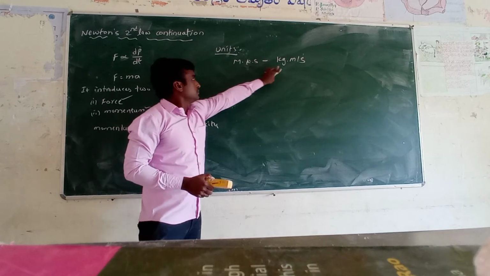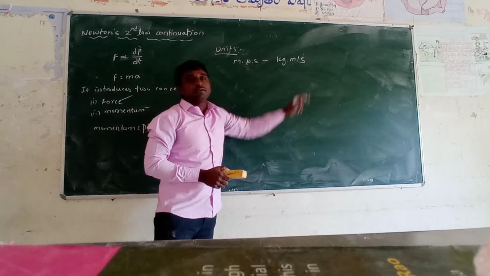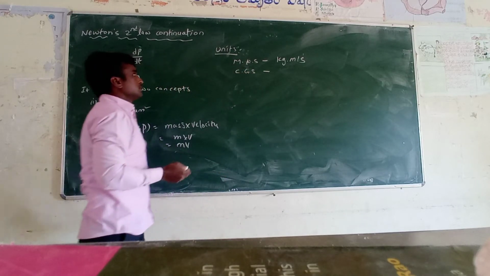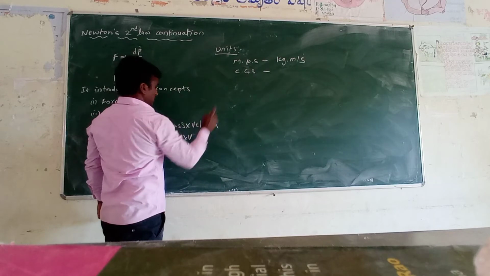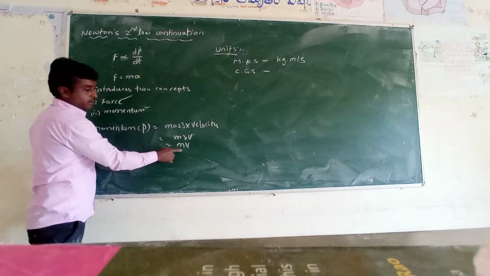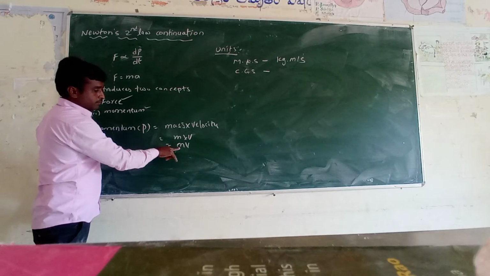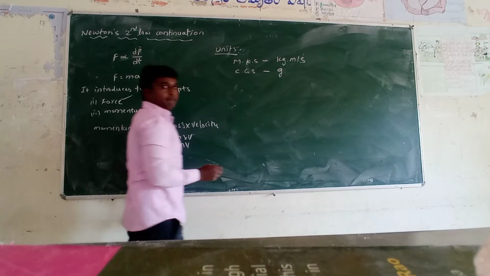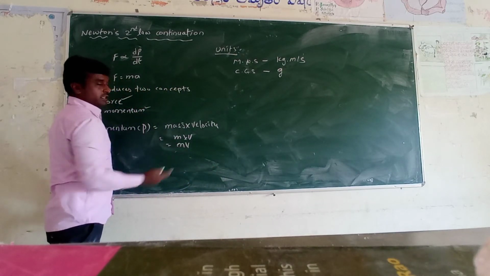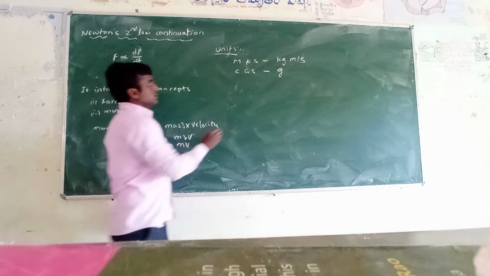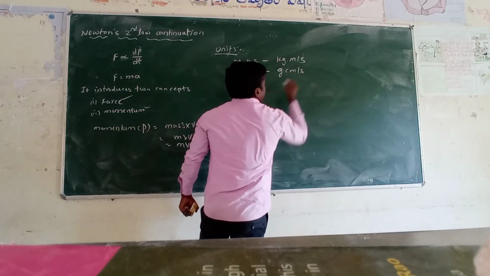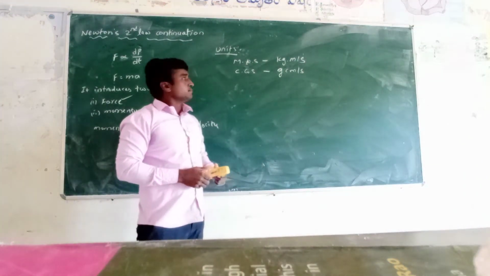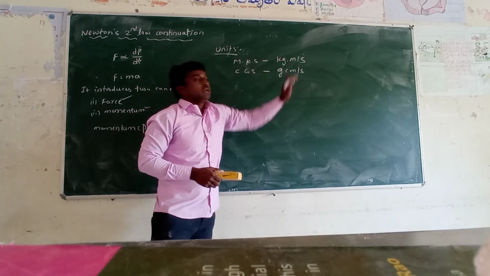So in the MKS system, the unit of momentum is kg meter per second. In CGS, what is the unit of momentum? This is the momentum formula, m into v. What is the unit of mass in CGS? Gram. What is the unit of velocity in CGS? Centimeter per second. So this is the unit of momentum in the CGS system, and this is the unit in the MKS system.